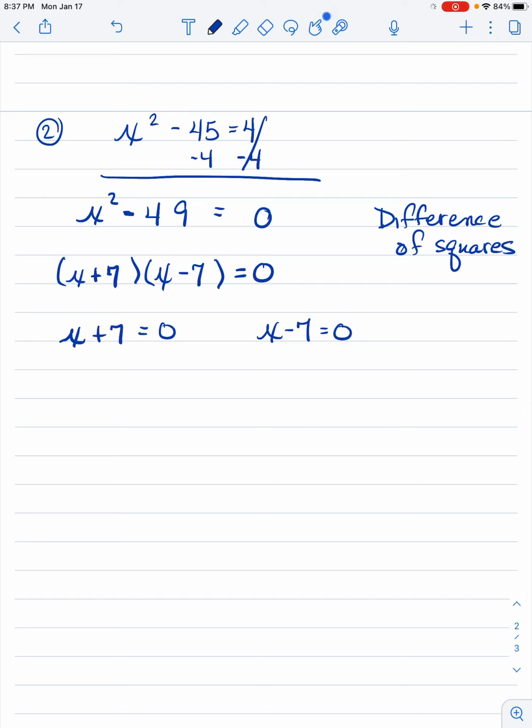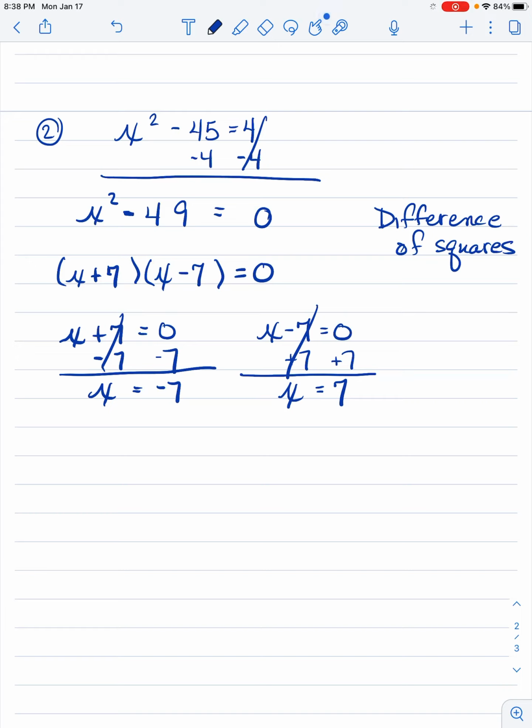Our solutions are going to actually be negative 7 and 7, and here's why. To isolate the variable here, I have to subtract 7, and so x is going to be negative 7, and here I'm going to have to add 7. This is going to cancel out, and x is going to be equal to positive 7.